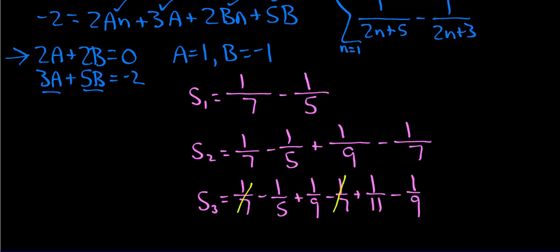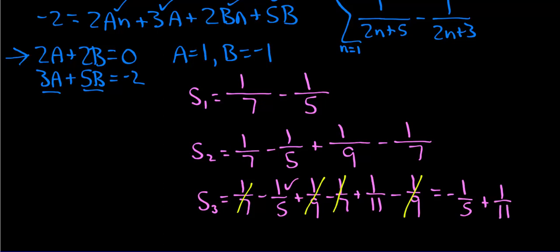Notice these 1/7s cancel, and these 1/9s cancel. So what we have is negative 1/5 plus 1/11.